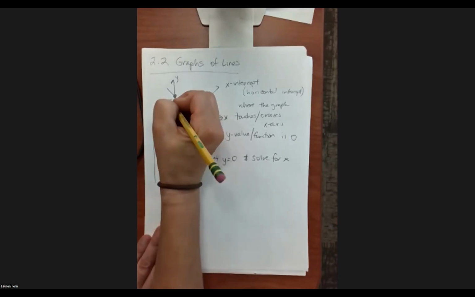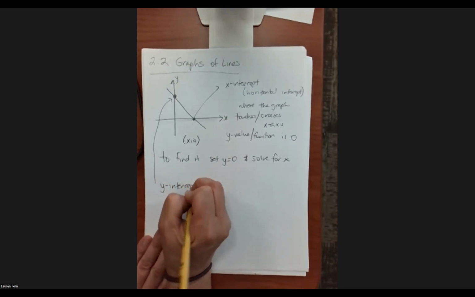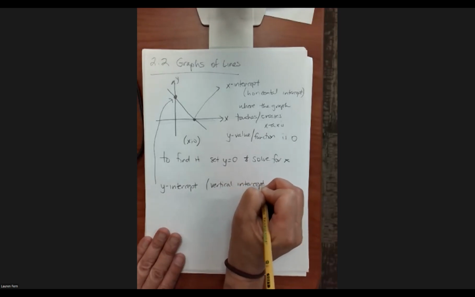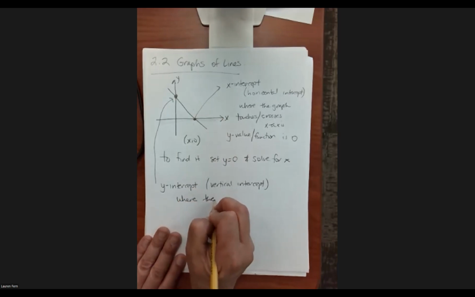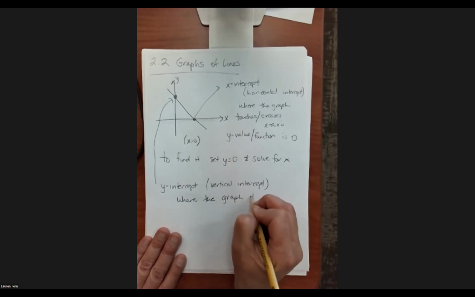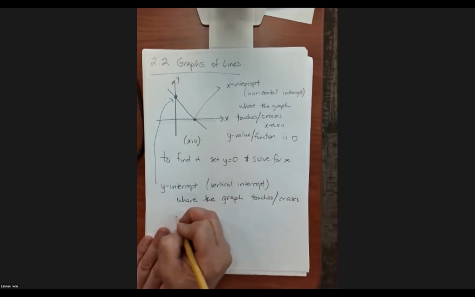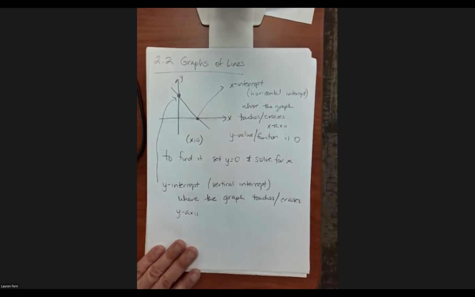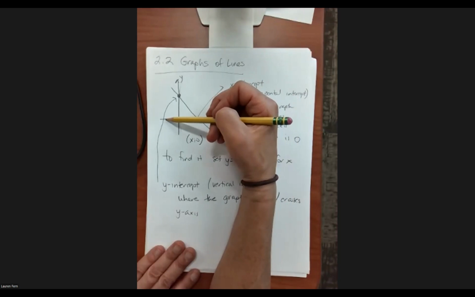In a similar manner, this point right here is called my y-intercept, aka vertical intercept, again because it's on your vertical line. It's where the graph touches or crosses our y-axis. Well, what's true no matter where we are on our y-axis? Have I moved to the right or to the left?